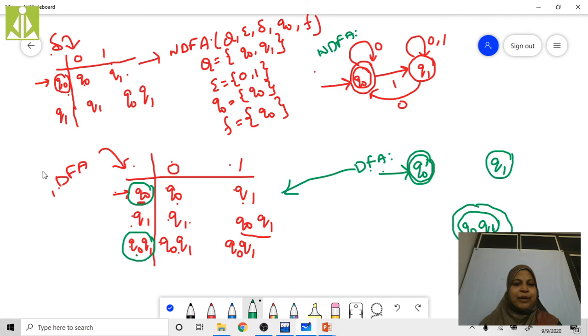Up to here, for the DFA, we are designing the states Q0, Q1, and Q0 Q1. Here we are declaring the initial state. The initial state is the same for the NDFA and the DFA: Q0. Wherever Q0 is there, that state becomes a final state for the given DFA. Q0 on 0 goes to Q0. Q0 on 1 goes to Q1.